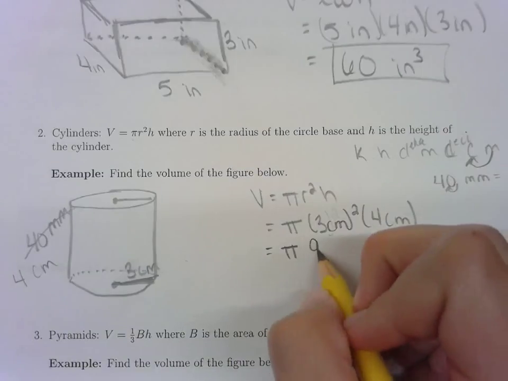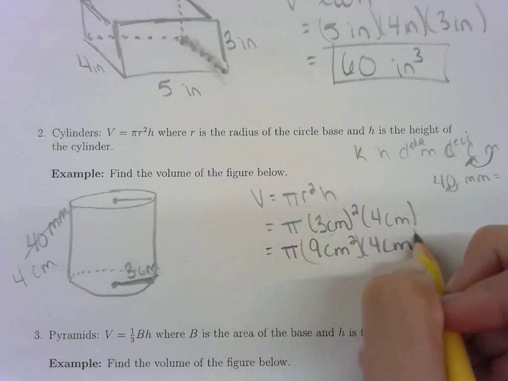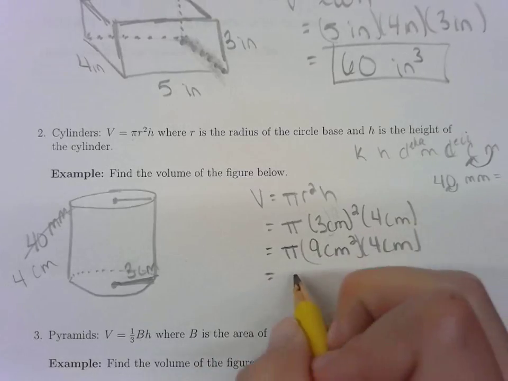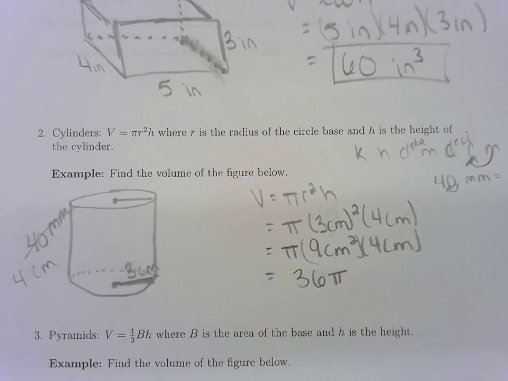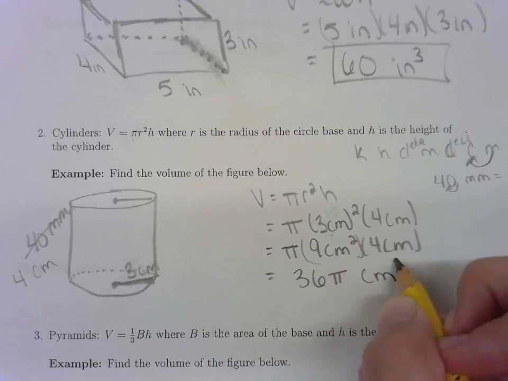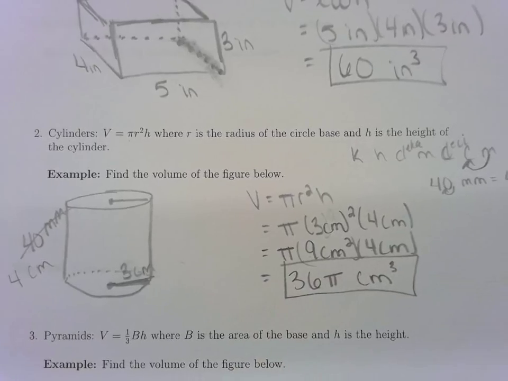So this would be 9 centimeters squared times 4 centimeters. Okay, so 9 times 4 would be 36, and then I'm just going to leave the pi. You can go ahead and multiply that out if you want. So times 3.14. I'm just going to leave it like that. And then we would have centimeters squared times centimeters, which is centimeters cubed. Make sure your unit always has a cubic on it for volume.